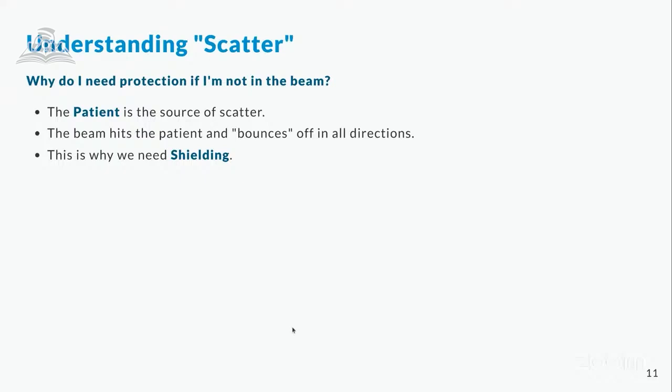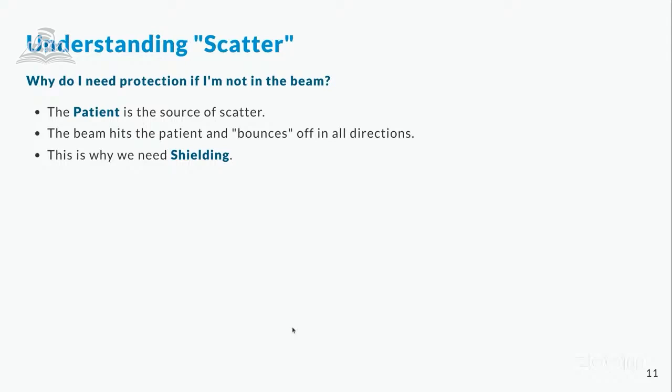So one of the most important ideas is scatter. Just because you are not in the primary beam, the beam that exposes the patient, doesn't mean that you are away from radiation. In fact, for staff, as long as you are not in the primary field, the source of radiation is the patient himself.